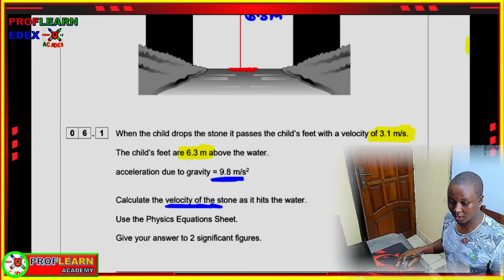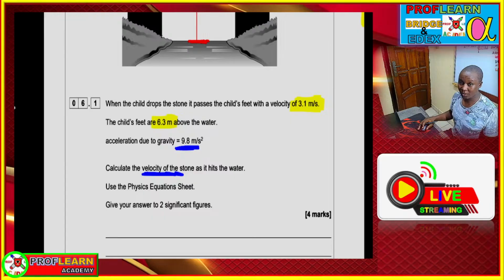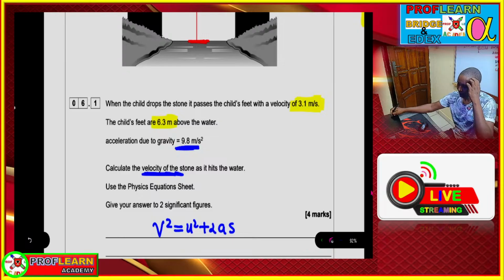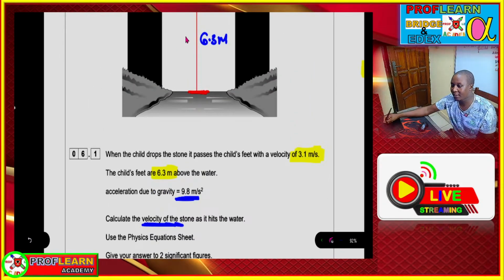We are going to use the equations of motion, and therefore we say v squared equals u squared plus 2as, where s is the displacement.